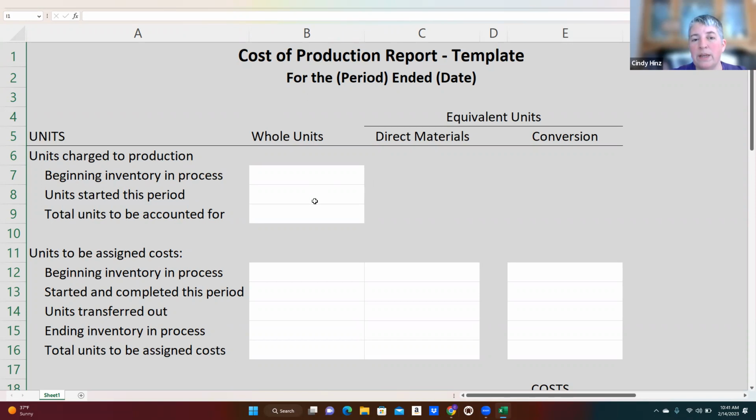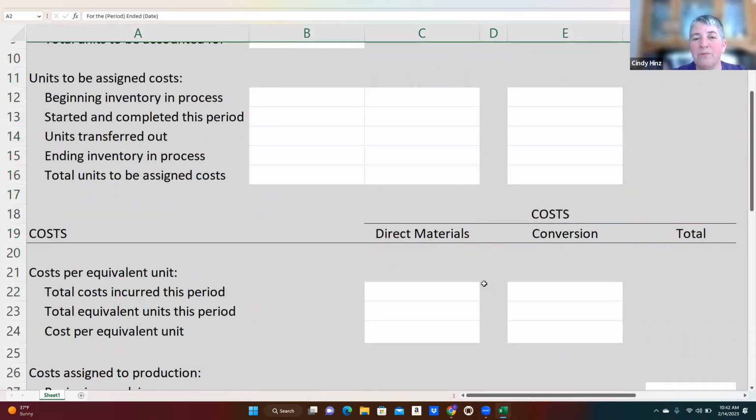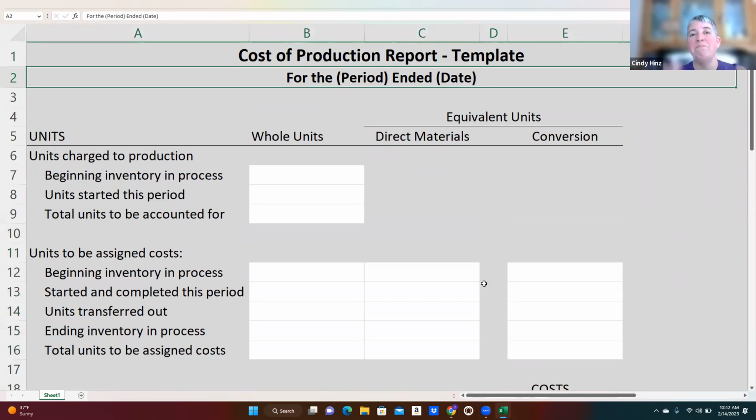Ideally, you only need to enter numbers in the white spots, but I don't have this template locked. If for some reason you want to adjust the date line up here in row 2, you're certainly welcome to do that. But for our class, you're never going to be submitting this cost of production report for any purpose. It's really just like your scratch paper. So use it if you find it helpful.